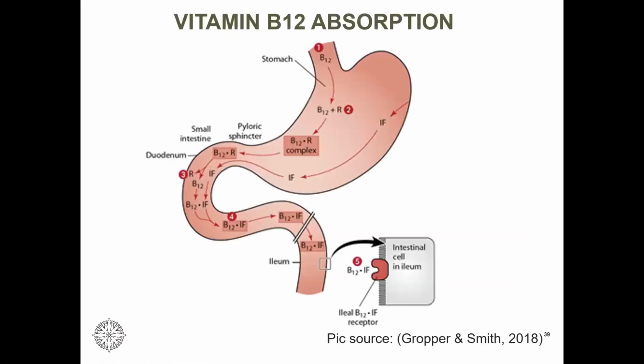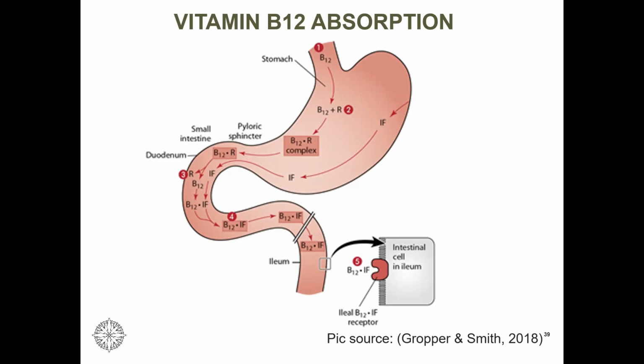Now we are going into detail about B12 absorption. You might have noticed that I've shifted the slide a little, so I'll go through it step by step. Please look at the video after the lecture to revise, the way I am assuming you have all done for lipid absorption. You need to get the sequence of these absorption steps right. Continue to write here also as we go through each one.